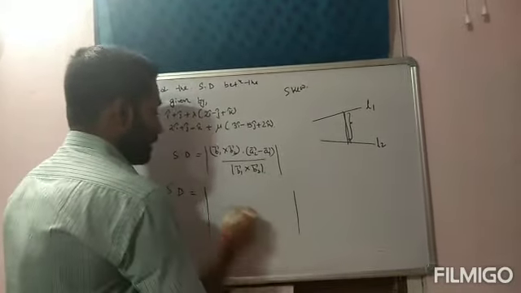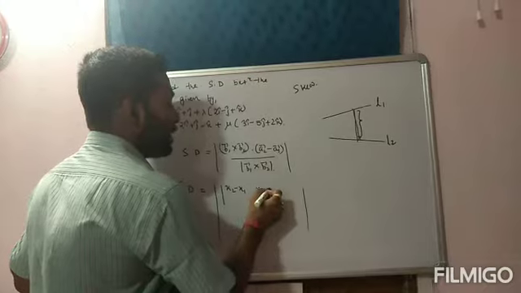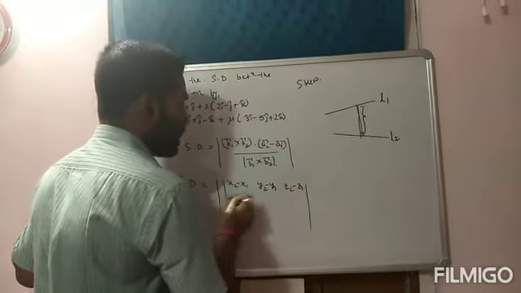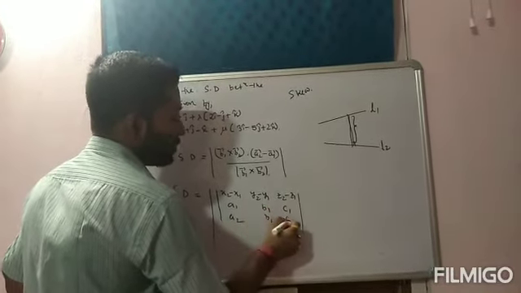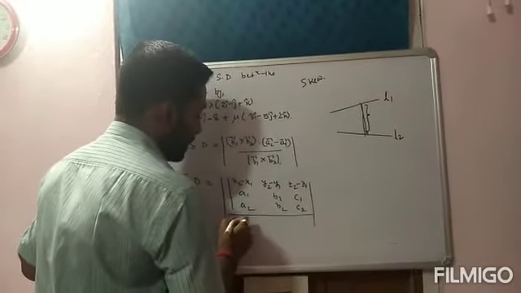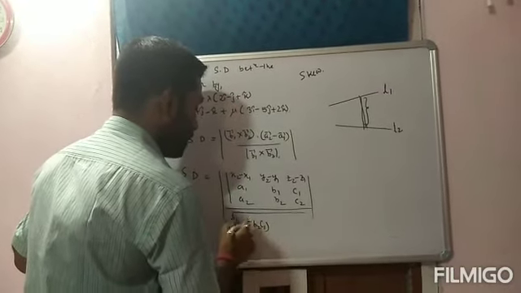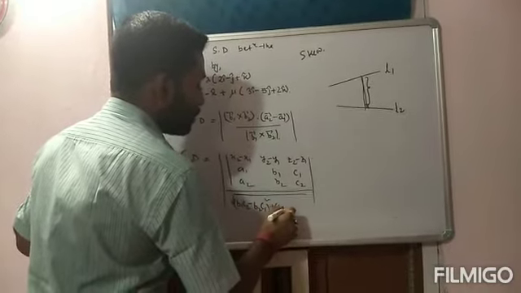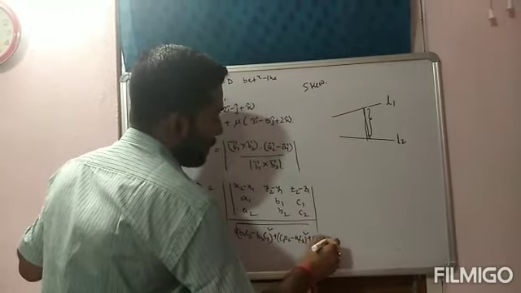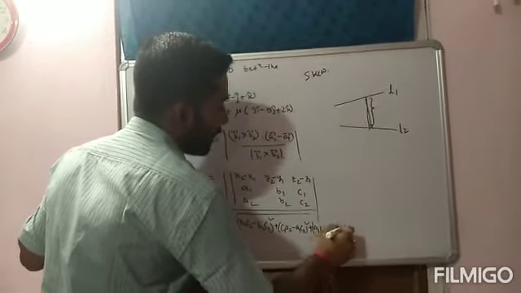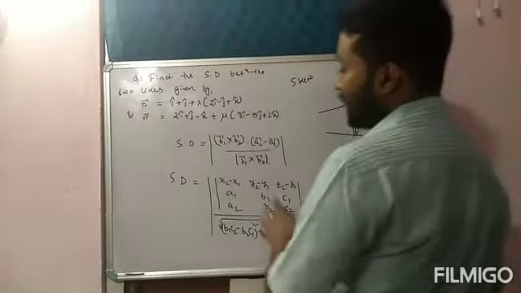That is determinant of x2 minus x1, y2 minus y1, z2 minus z1, a1, b1, c1, a2, b2, c2, whole thing divided by under root b1 c2 minus b2 c1 whole square plus c1 a2 minus a1 c2 whole square plus a1 b2 minus a2 b1 whole square. ये हो गया denominator का value. ठीक है, so ये है formula if the equations are given in Cartesian form.